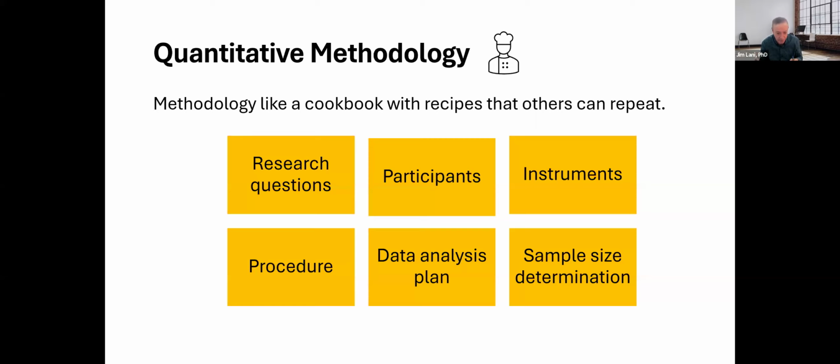It has to be replicable. There's been a big problem in the past, maybe mitigated now, where people could not replicate studies. Why? They didn't have a clean methodology. If you follow the methodology, you should find similar results. That's how I validate that your findings are reliable and accurate.